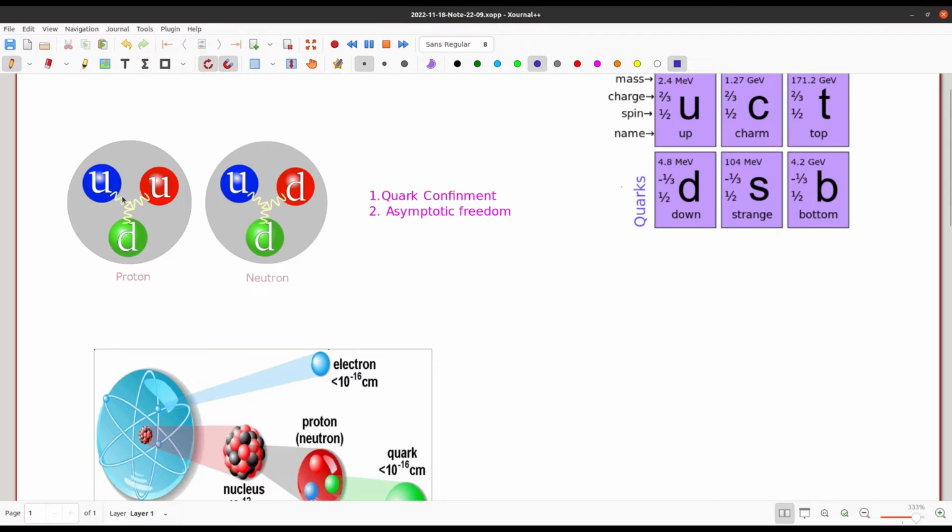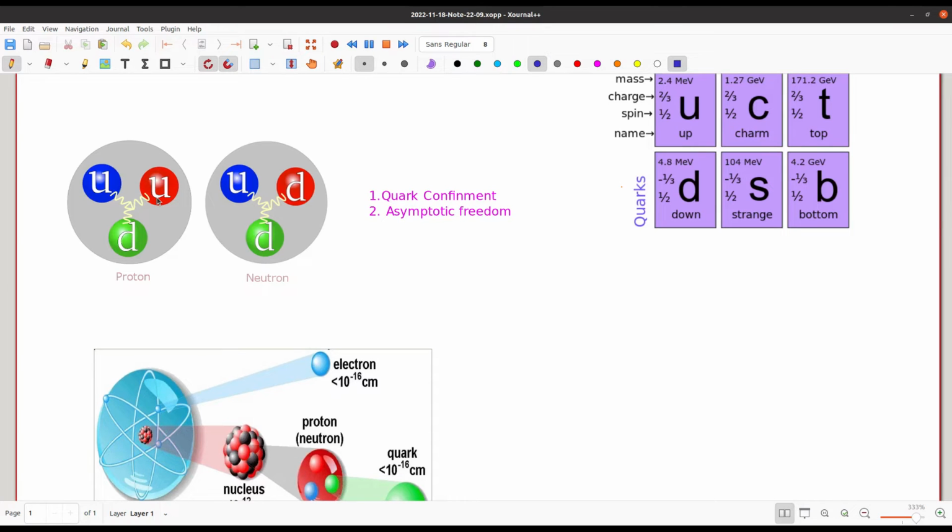For example, if we have up and down quarks and I want to separate the up quark, if I pull this quark to separate it, I have to supply energy, and it will still not be separated.